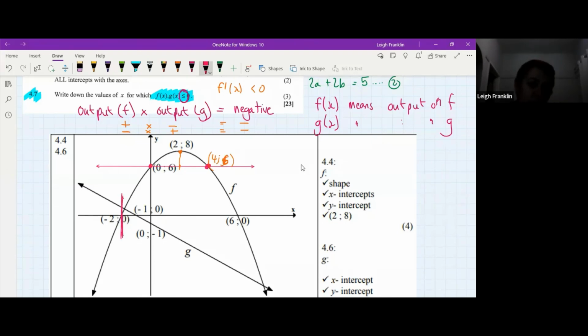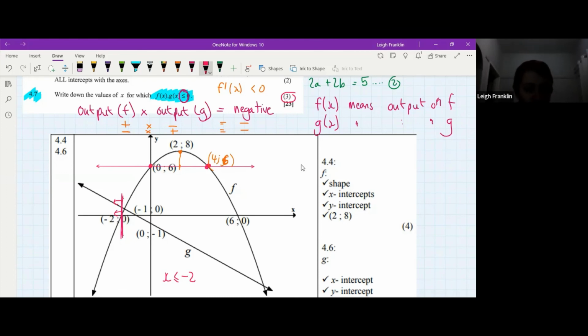Because to the left of this pink line, the straight line is above the x-axis and the parabola is below. So at least one of our answers has to be where x is smaller than or equal to -2. That's at least part of our answer. But I suspect, because it's out of 3, that there's going to be another place on the Cartesian plane that we need to look at.